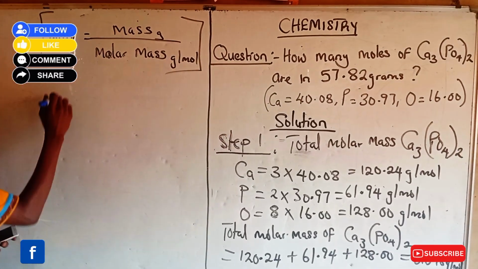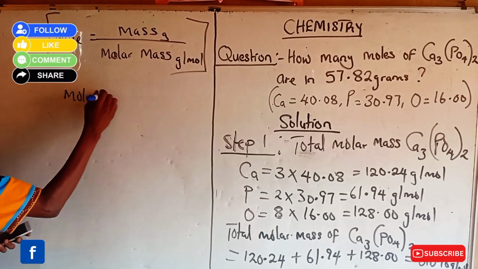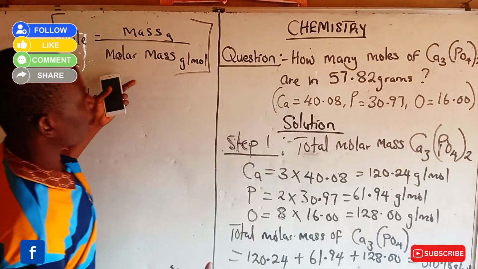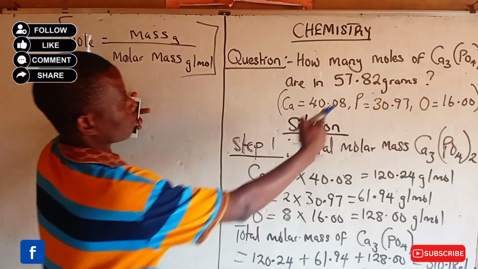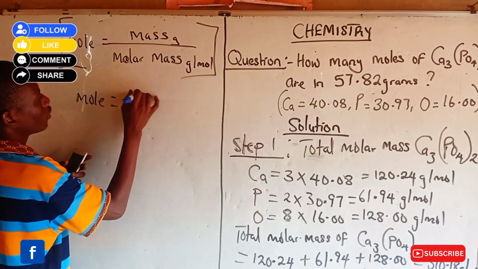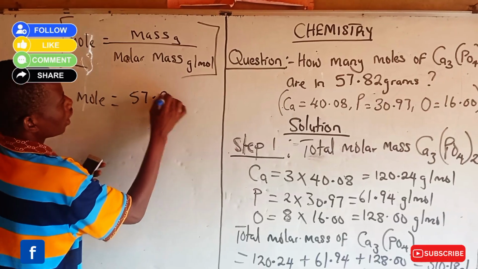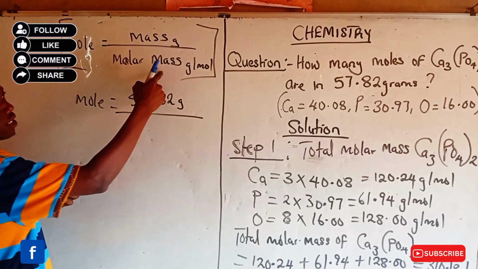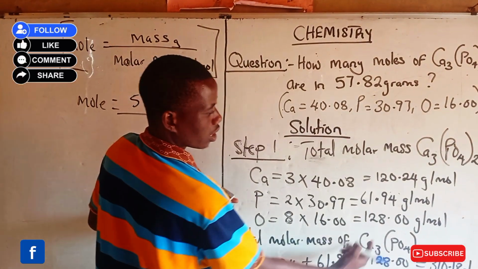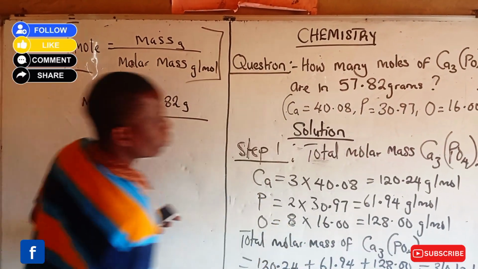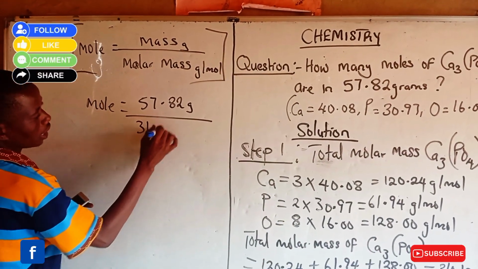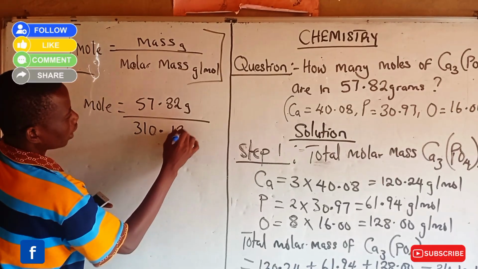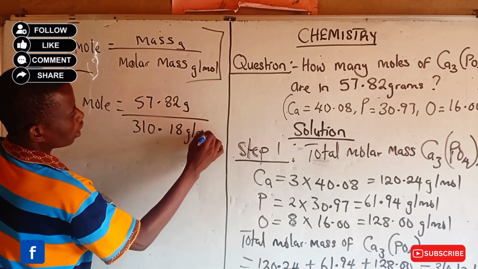Now our mole will be equal to, now what is the mass? We've been given the mass from the question to be 57.82 gram over, now molar mass, the molar mass of calcium phosphate is what we calculated here to be 310.18 gram per mole.